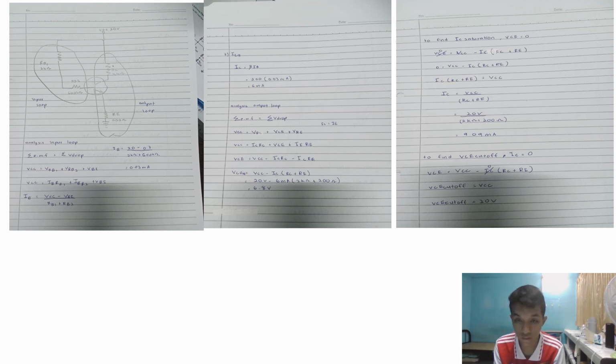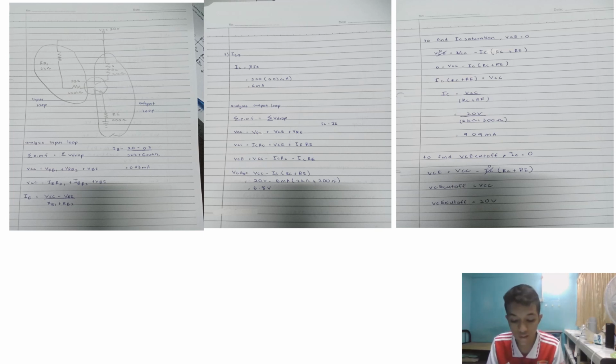With VCE equal to 0, we take IC to the left, so IC in bracket RC plus RE is equal to VCC.